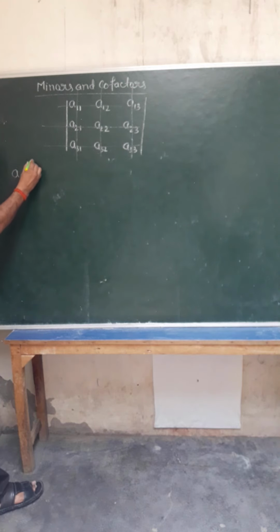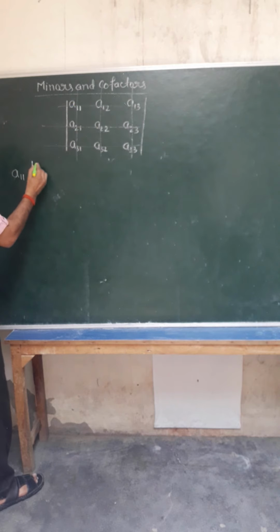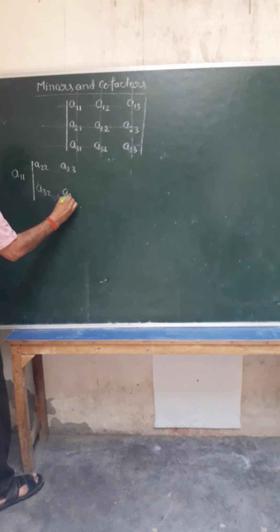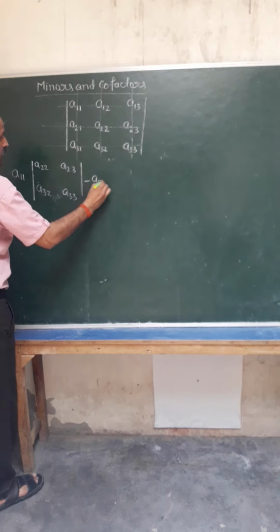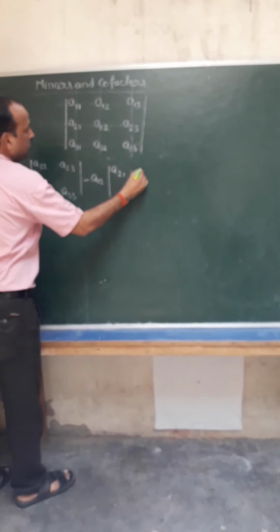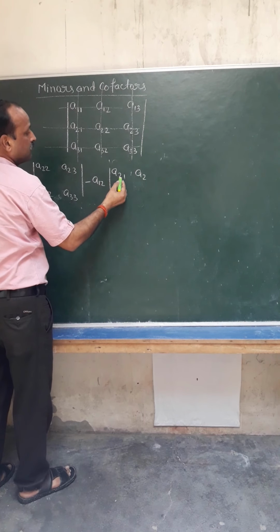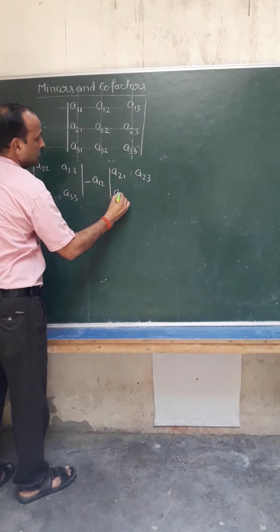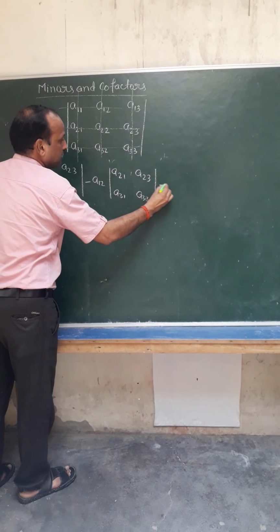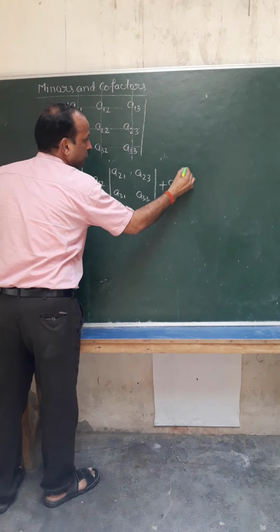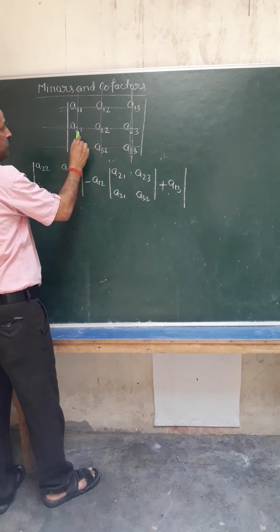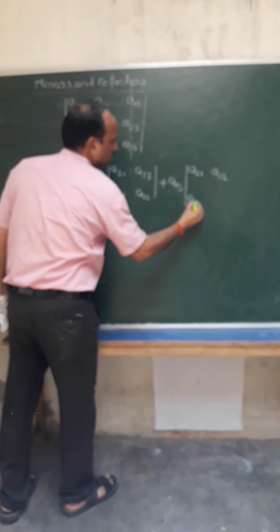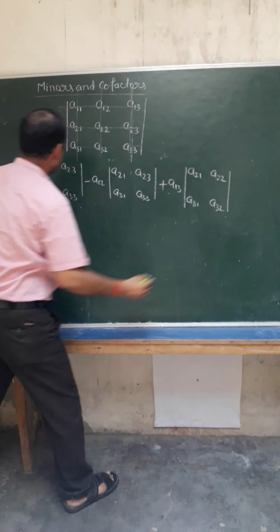We have A11 times (hide first row and column, we get A22, A23, A32, A33), minus A12 times (A21, A23, A31, A33), plus A13 times (A21, A22, A31, A32).